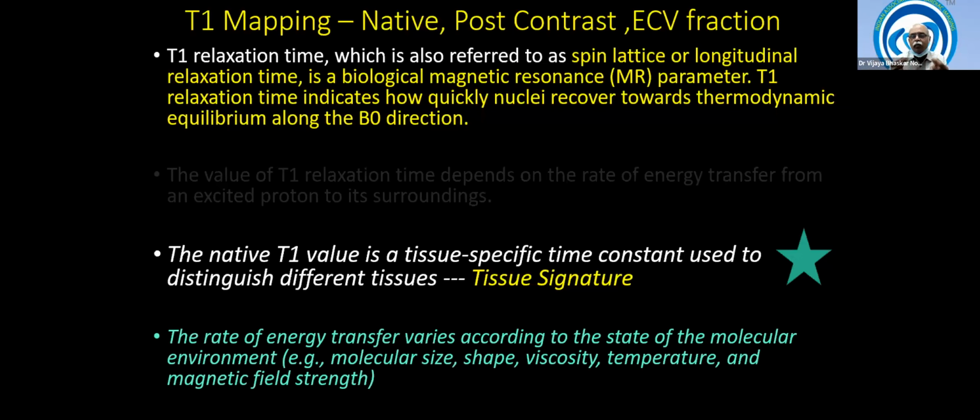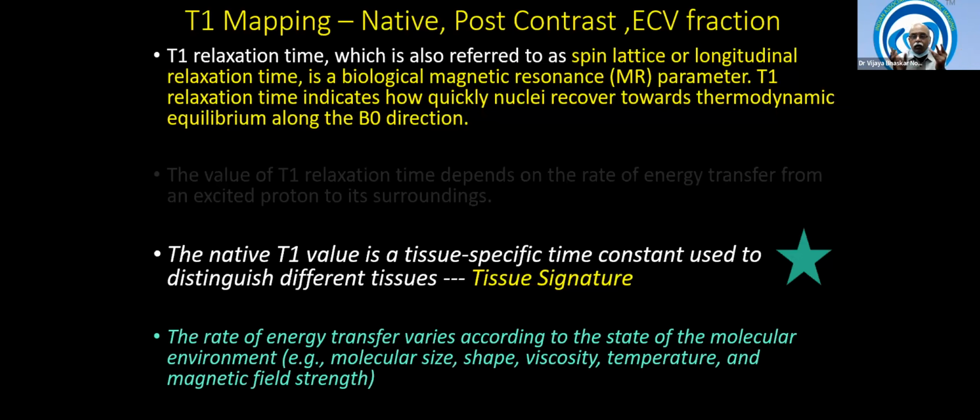One important point you should remember is that the T1 map values are a tissue signature, because normal myocardium and myocardial disease behave in their own specific pattern and give specific T1 relaxation. So T1 maps form a tissue signature of the myocardium in health and pathology. And that is what we're going to look at.